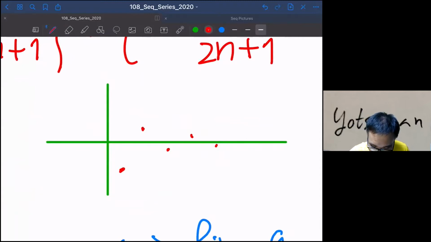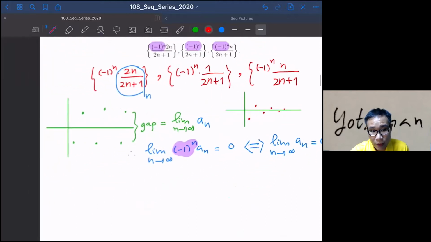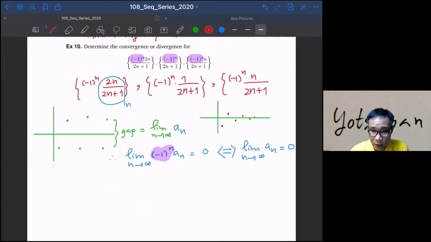You see that if you have the gap very small, closing to 0, the limit is equal to 0.